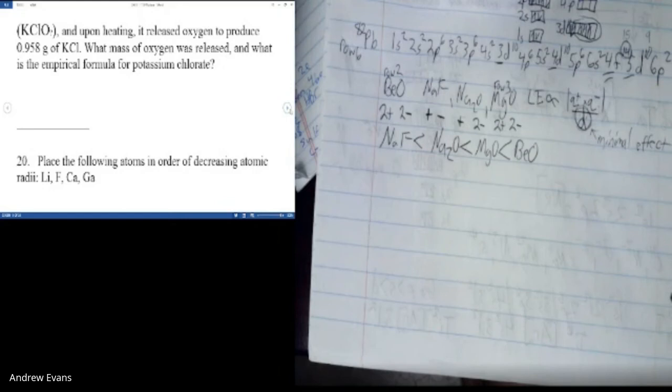0.958 divided by 74.45 means we have something like 0.01287 moles.